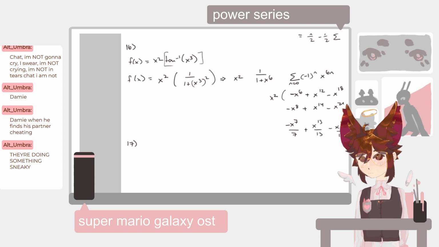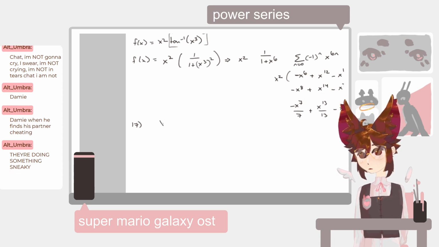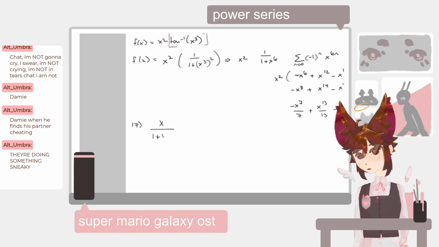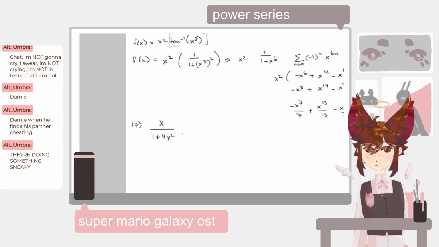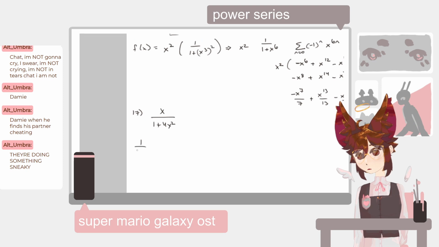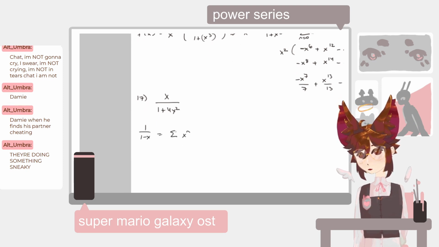Okay. So this is x. We'll try and do it their way. We'll try and do the reverse. So if we start with 1 over 1 minus x, that's going to give us a series of x to the n. Then we want to switch in 1 over 1 plus 4x squared, which is going to be negative 4x squared to the n.